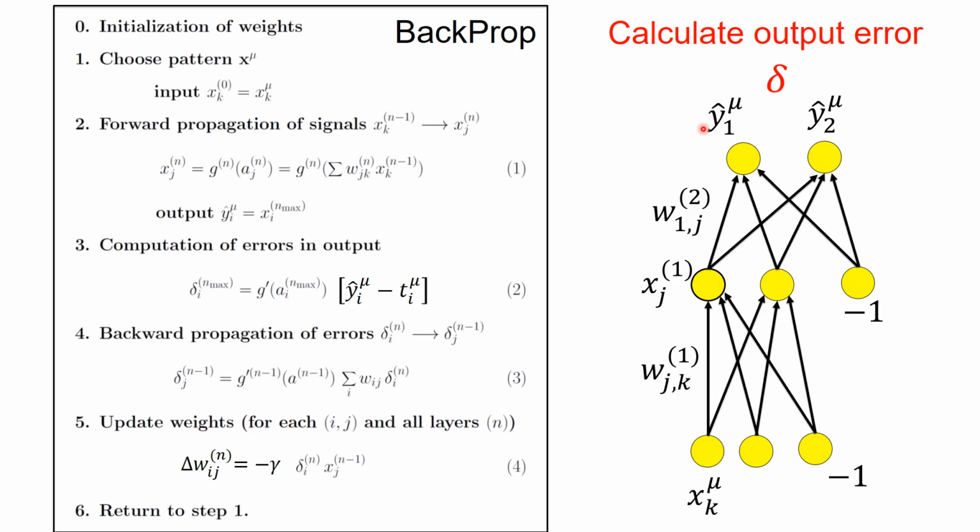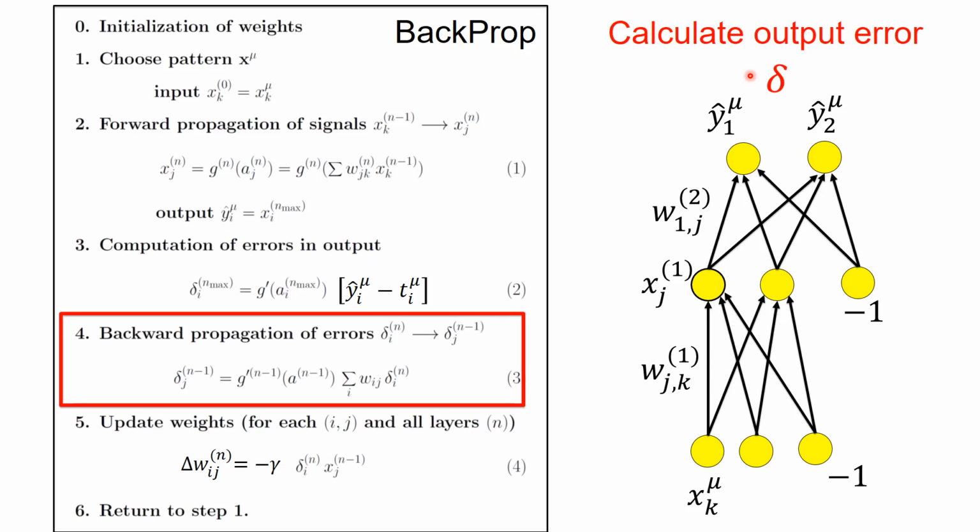As a next step, we calculate the error delta in the output. Then we use this information and propagate this error information backwards through the network. The delta in layer n is used to calculate the deltas in layer n-1 and so forth. This is the backward pass.